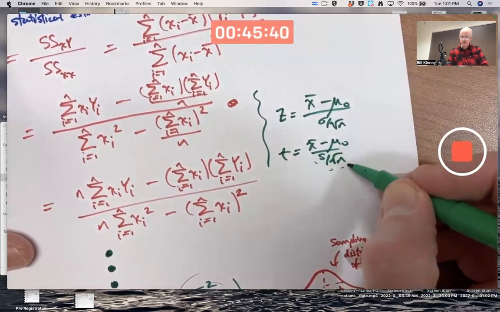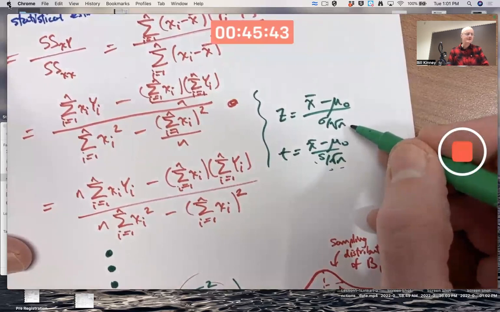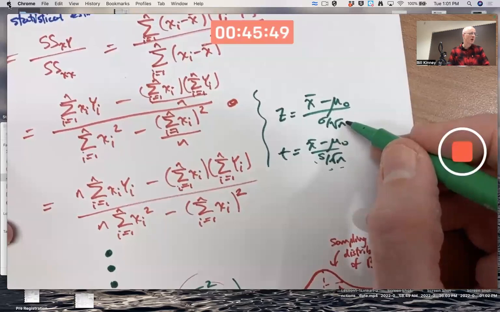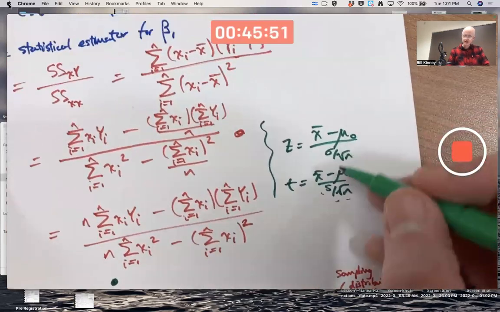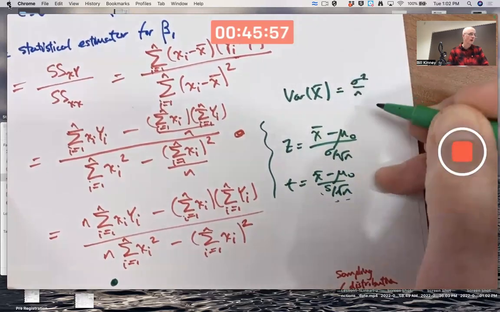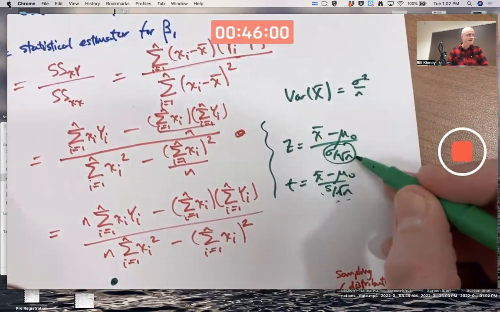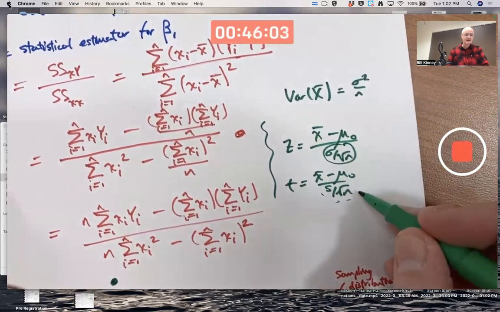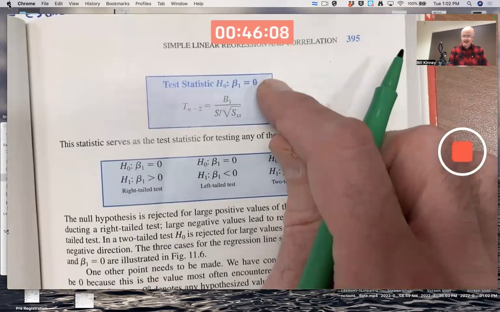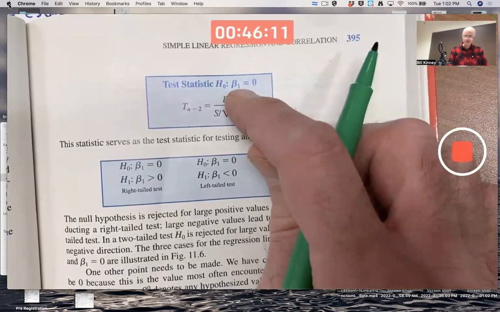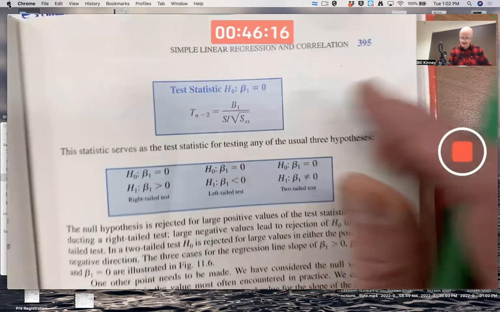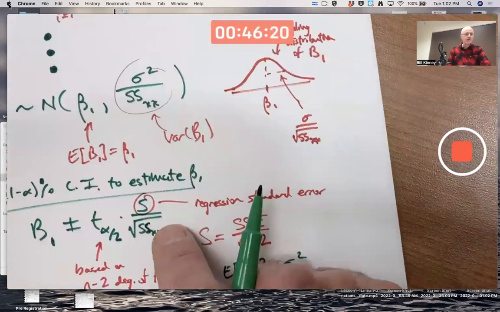It's an estimator for a standard deviation, in this case the standard deviation of X bar, the square root of the variance sigma squared over n. S over square root of n is an estimator for it. This test statistic for beta 1 has the same kind of form: estimator minus 0, divided by standard error. S over square root of SSXX is the exact same thing that you see there.